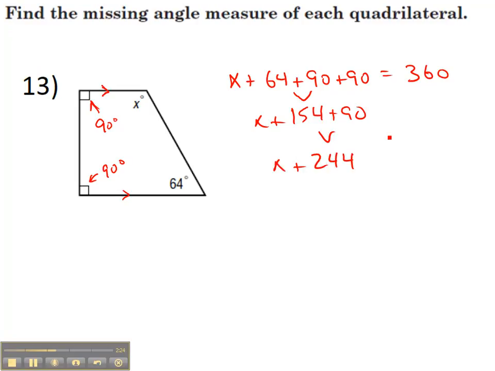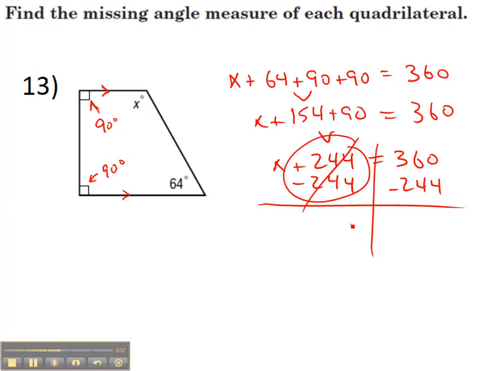So x plus 244 equals 360, and then we would just subtract 244 from both sides to figure out what x equals. 10 minus 4, 6. So 116 degrees.